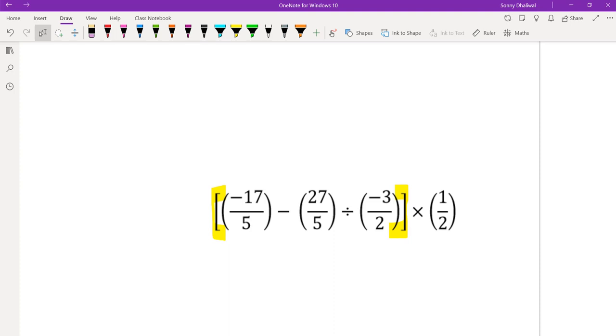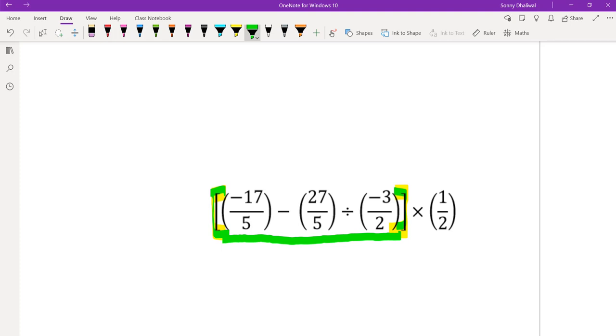They're just there to help identify the fractions. So we can ignore these for now and notice that there's a big square bracket here. That is the first thing we are going to do: focus on these big square brackets and everything that's in here.